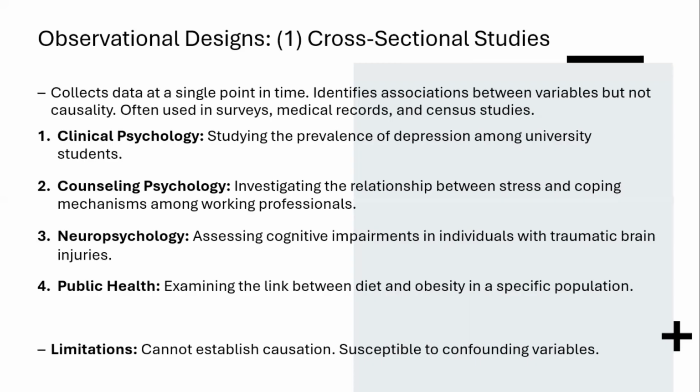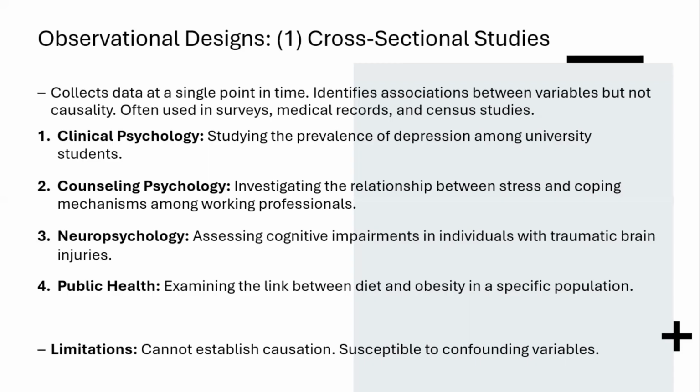It's also cross-sectional. You do it once. So studying the prevalence of mental health conditions, trying to understand whether there's some association between stress and coping, assessing cognitive impairments in individuals with traumatic brain injury. Once you take your data once, that's what you call cross-sectional studies.